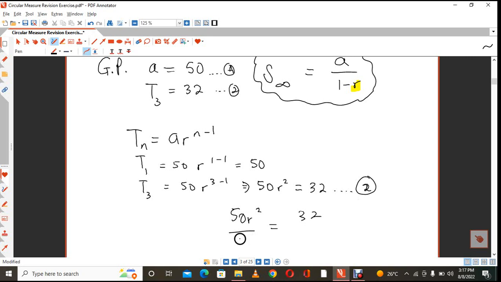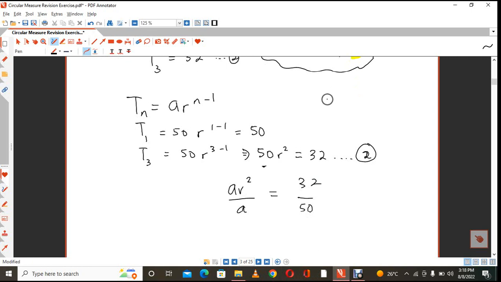Let's write the formula down here so we can have a better understanding of the question. We have aR squared, the third term, over A. We know that the third term is 32, and the first term is 50. If we do it like this, we have a way to find our R.